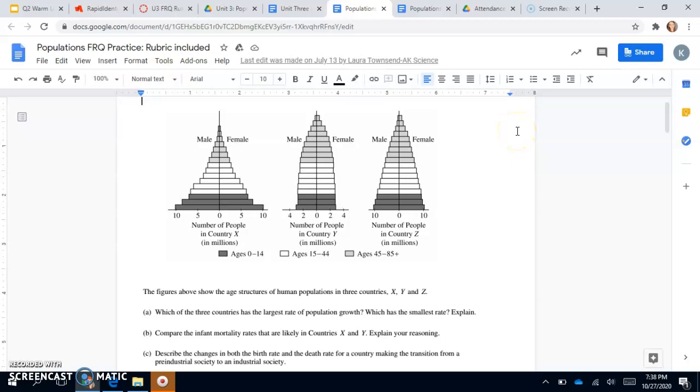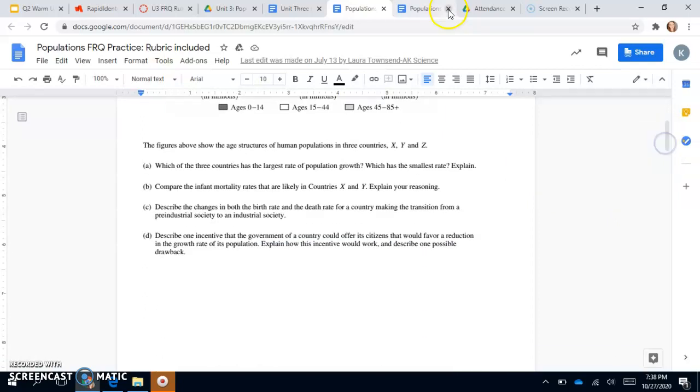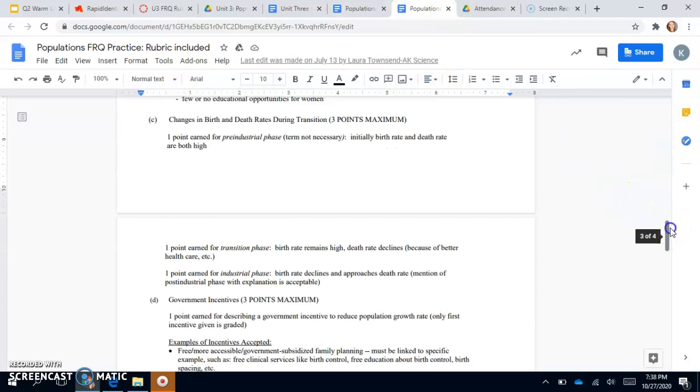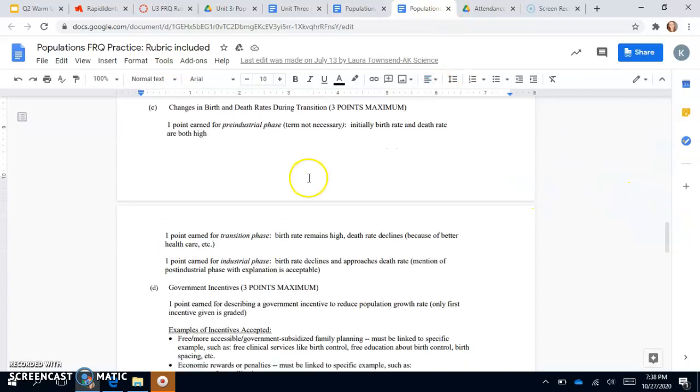So C says, describe the changes in both the birth rate and the death rate for a country making the transition from a pre-industrial society to an industrial society. So if we go back to our rubric here, so you can get 1 point earned for the pre-industrial phase. The term is not necessary, you just have to describe it. You just have to tell that the birth rate and the death rates are both initially high.